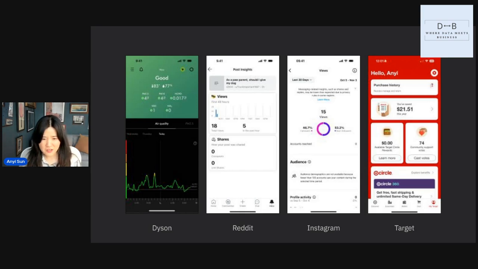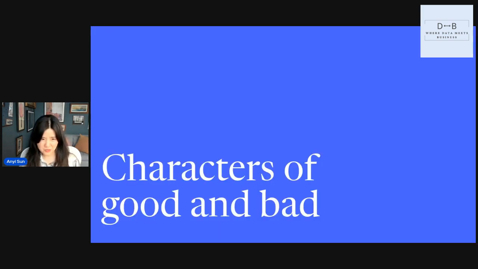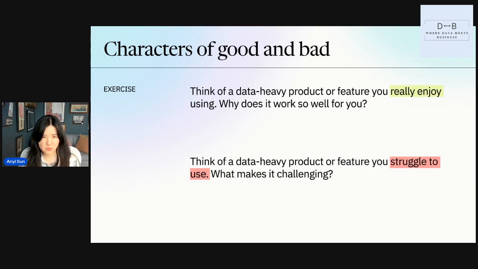So looking across all these different products, I want to run a quick exercise and think about the good and bad characteristics of data heavy products. I want you to do either or.